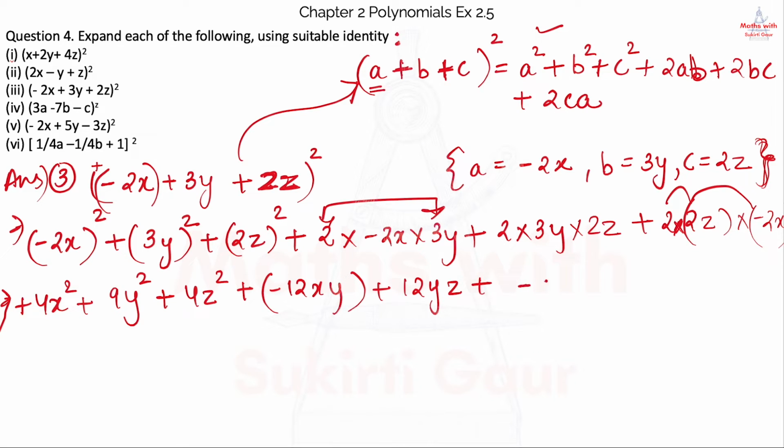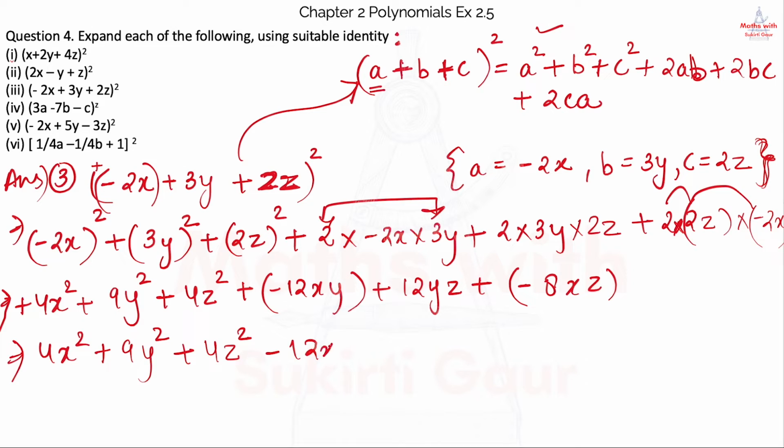So plus (minus 8xz) in bracket. Again 4x square plus 9y square plus 4z square minus 12xy plus 12yz minus 8xz. This is the expanded part. We are done with the third part.